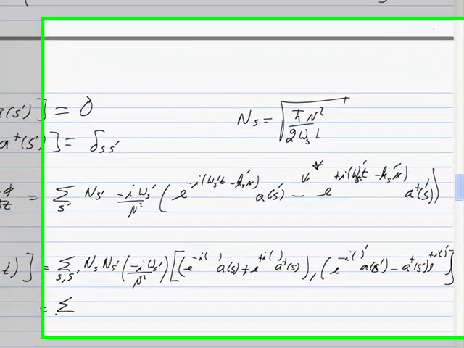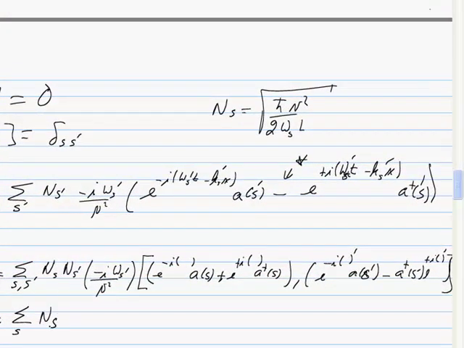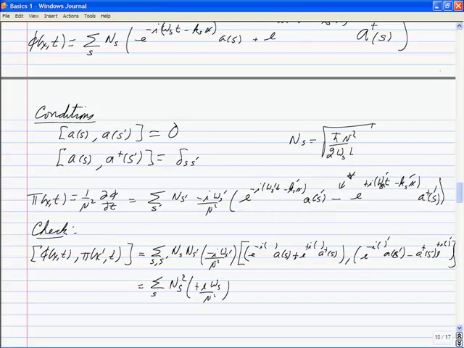So the delta s s prime means there's only a sum over s, N s squared, because s and s prime are the same, over omega s over v squared. But that becomes a plus. This minus sign here and that minus sign there make it a plus. And the other one, remember, was the reverse order a dagger a, so there's a minus sign also associated with that. So those two things give me a factor of 2.